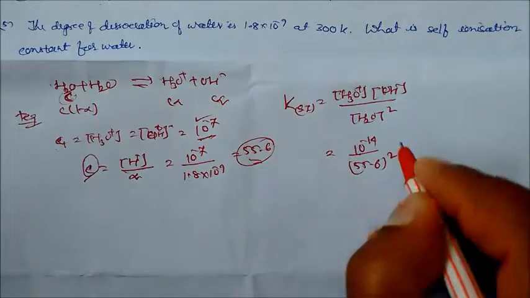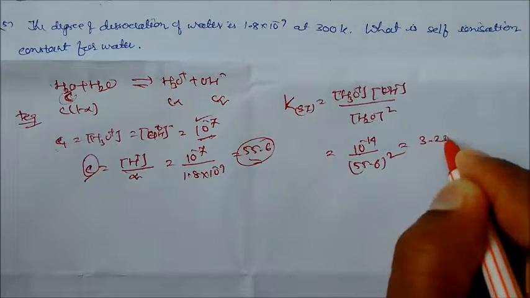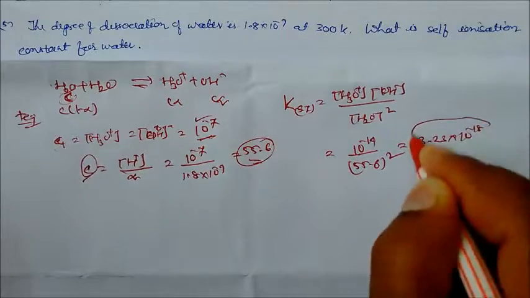So on solving you will get 3.23 into 10 to the power minus 18. So this is our answer.